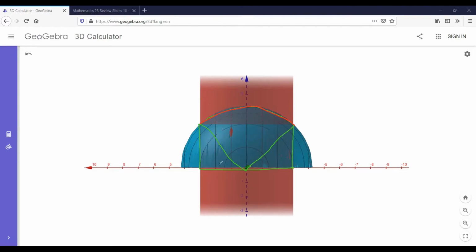So basically, the two parts of our solid have two different upper bounds for rho. This one has the hemisphere, this one has the cylinder. That's why we have to divide it into two parts, one for the hemisphere, one for the cylinder. And this cone is how we do it.